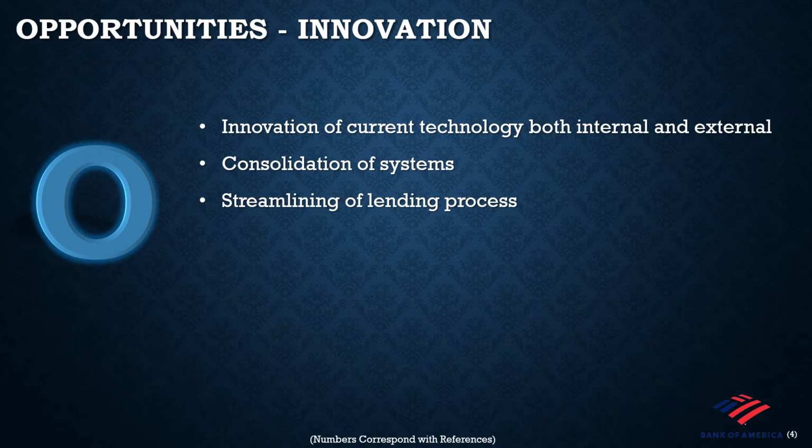Each time this passes through, it's not always looked at by the same individual, which can increase errors, but also increases the need for more explanation, as maybe that individual is not fully privy to the entirety of the client situation as it has been explained to previous individuals. So streamlining this lending process would allow for Bank of America to process through more loans and also eliminate errors, which would help to lessen risks in the credit world.